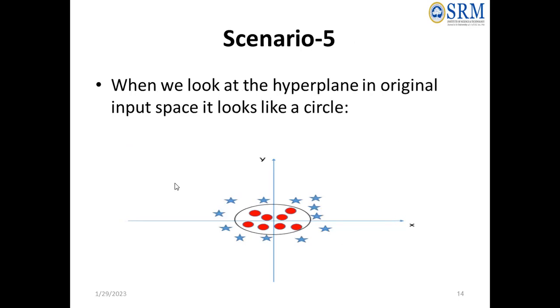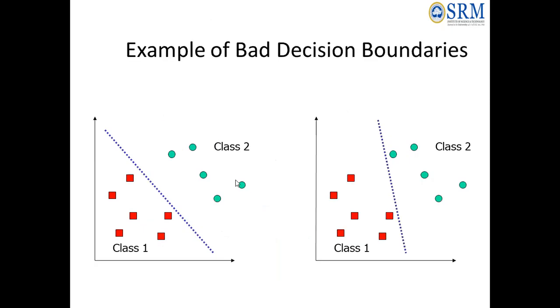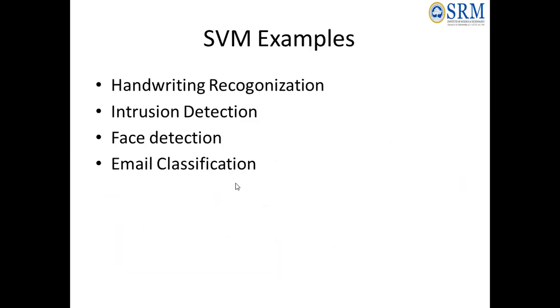SVM is fully based upon geometrical properties of data, while logistic regression is based upon statistical approaches. And unlike logistic regression, SVMs are designed to generate more complex decisions.